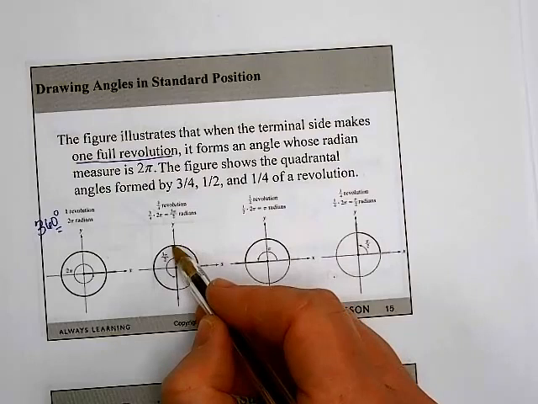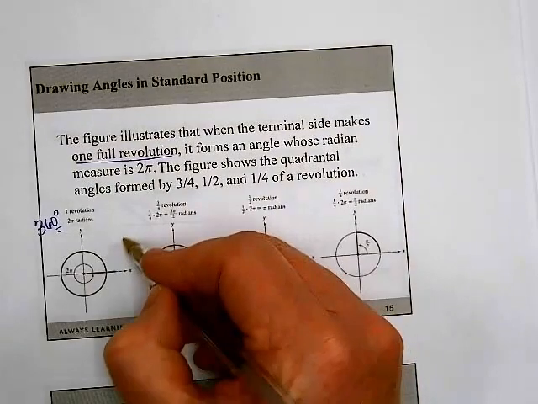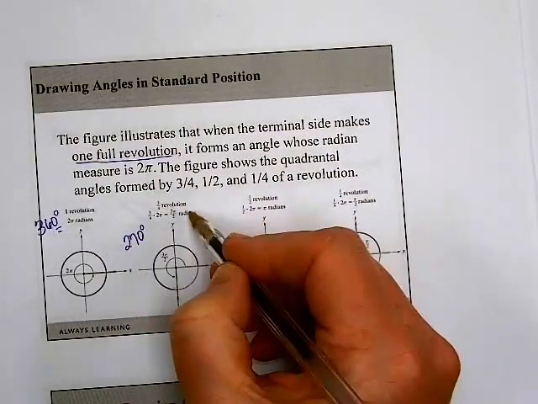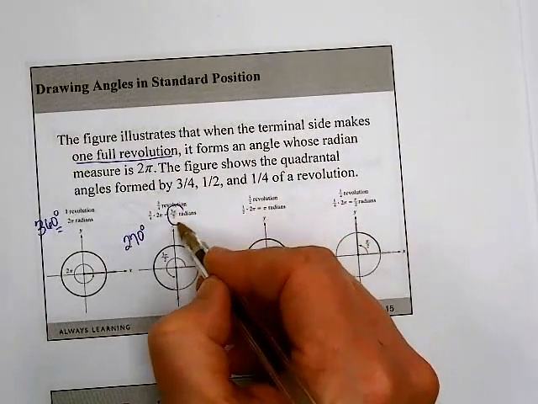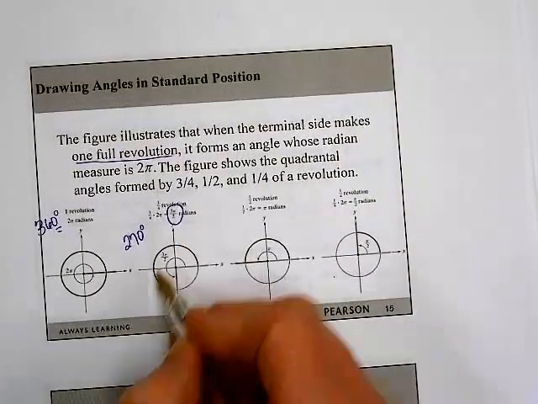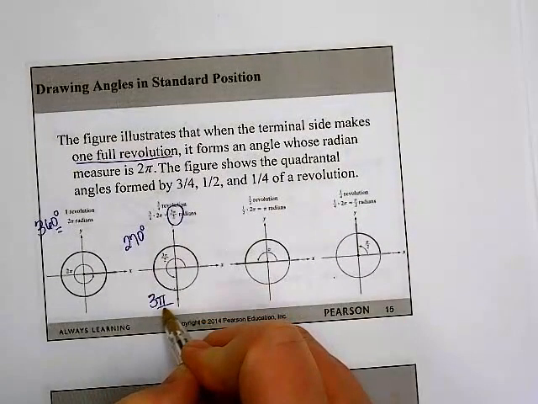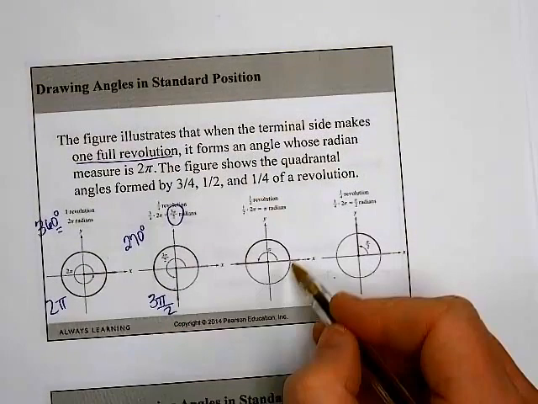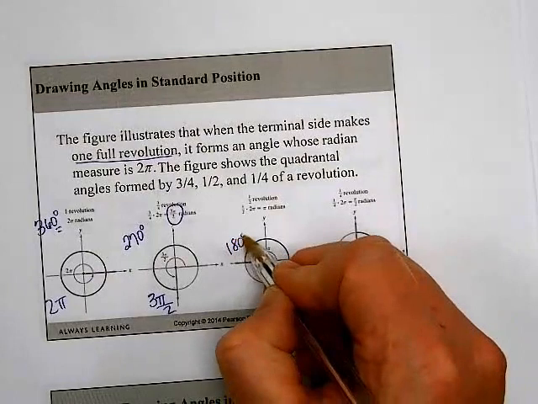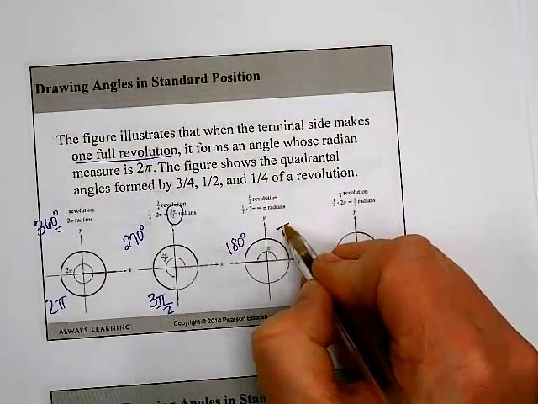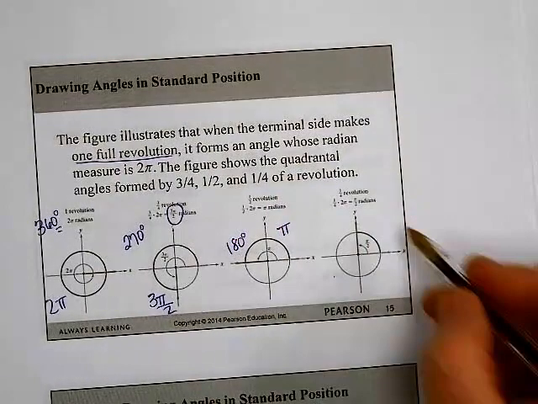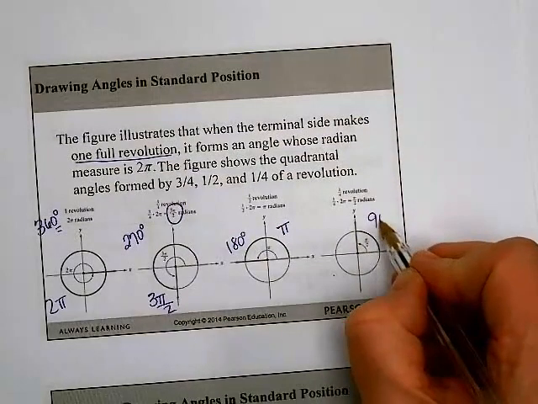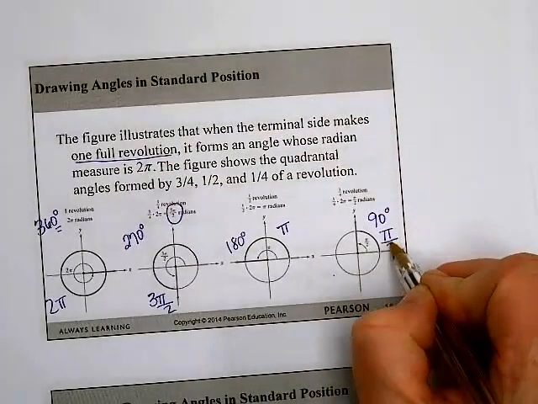So there's 90, 180, 270. 270 degrees is equal to 3 pi over 2. That's what that one is, 3 pi over 2. This one was 2 pi. Halfway, 180 degrees, is 1 pi. And 1/4 of the way, 90 degrees, is pi over 2.